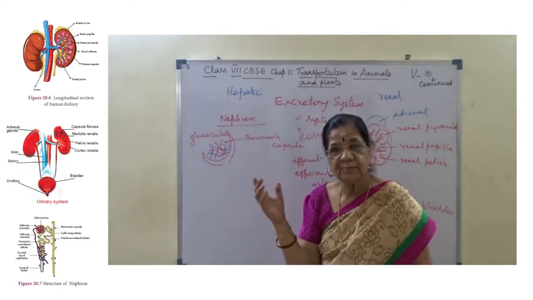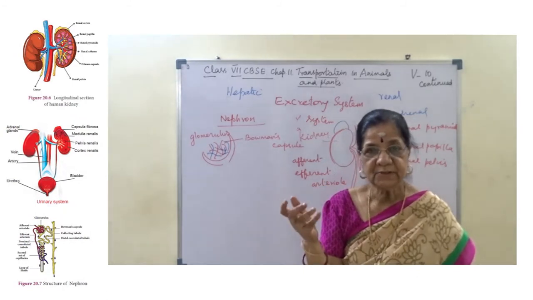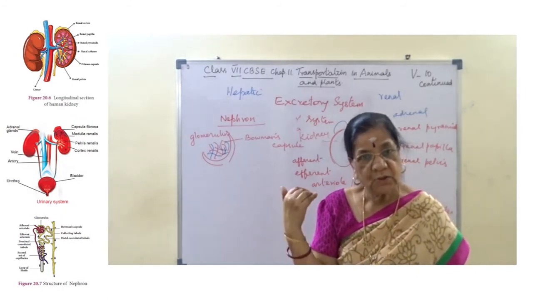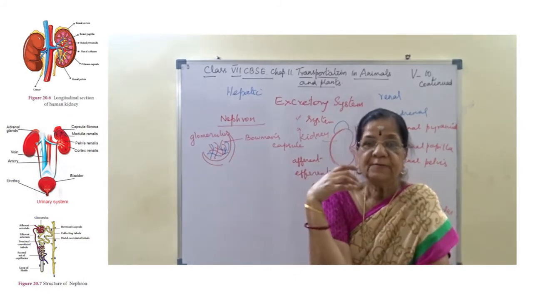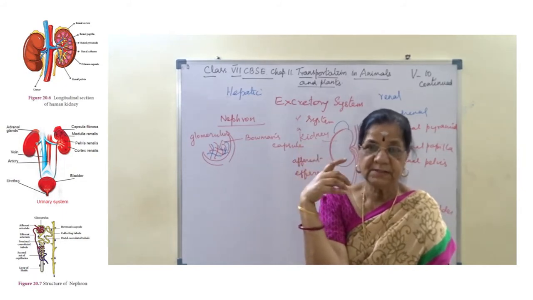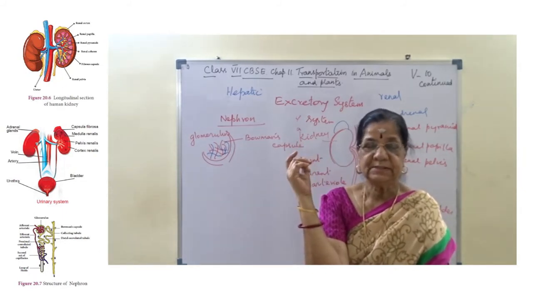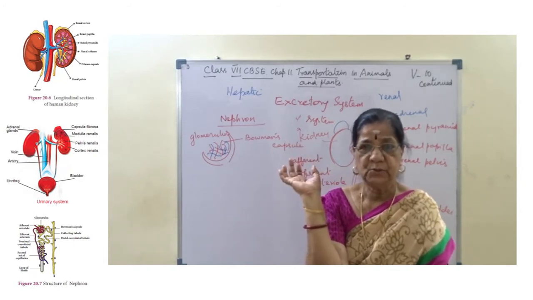Afferent arteriole: from various parts of the body, blood carrying nitrogenous waste enters into the nephron. Okay. In the same way, after eliminating the nitrogenous waste, the blood is sent out, that is through the efferent arteriole.